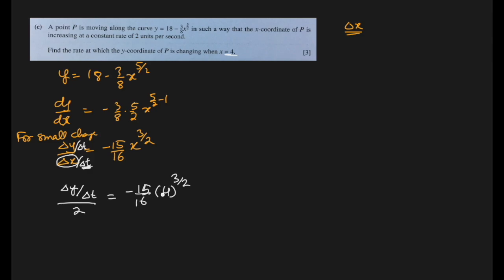So 8 times 2 is 16. And both have 2 denominators, we can cancel. So delta y over delta t, the rate at which the y coordinate is changing, is negative 5 units per second. That means it is decreasing continuously when x is 4.